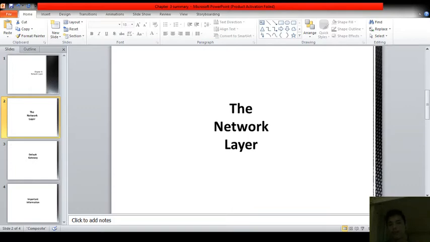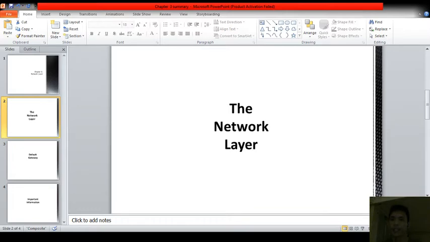First is addressing the end devices. Second is encapsulation. Third is routing, and lastly is decapsulation. We're going to give some key information about those four basic processes in the network layer.